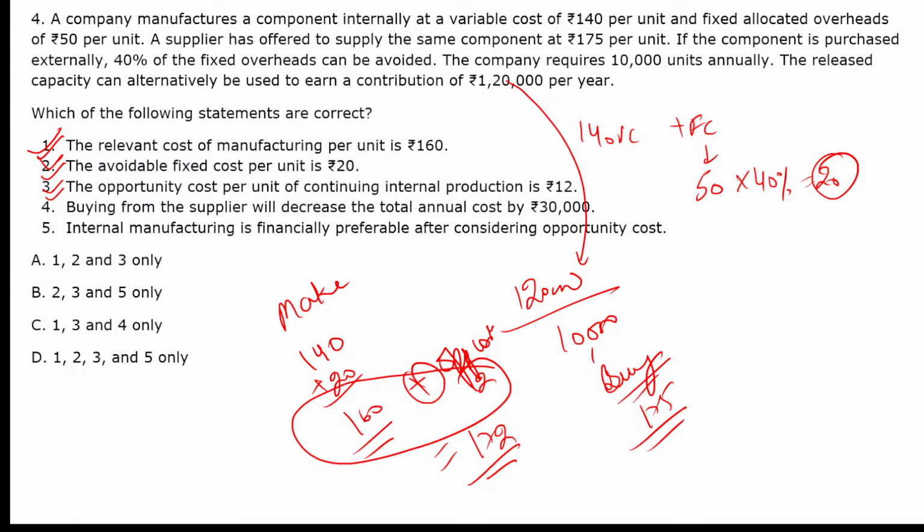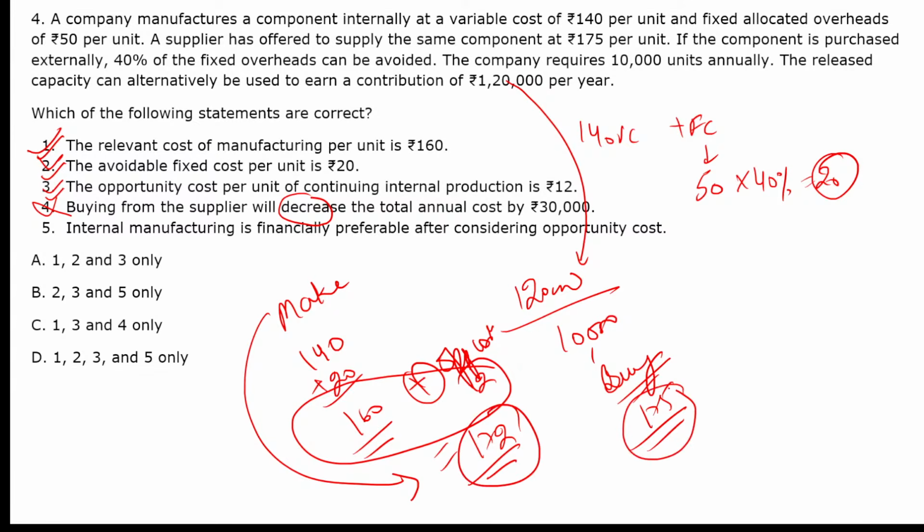But buying is costlier. Thus, buying increases the cost by 30,000, not decreases it. So this statement is incorrect.